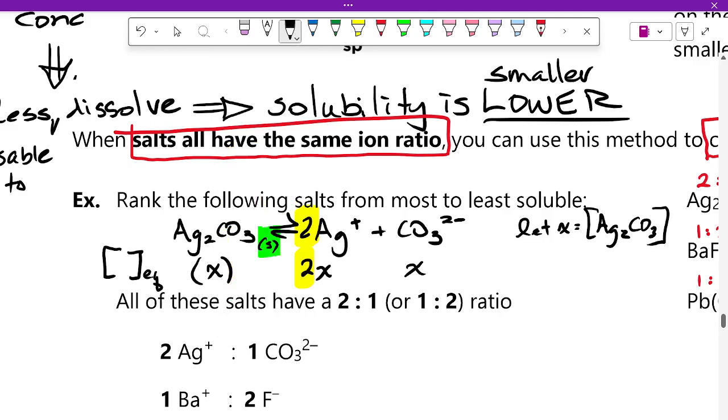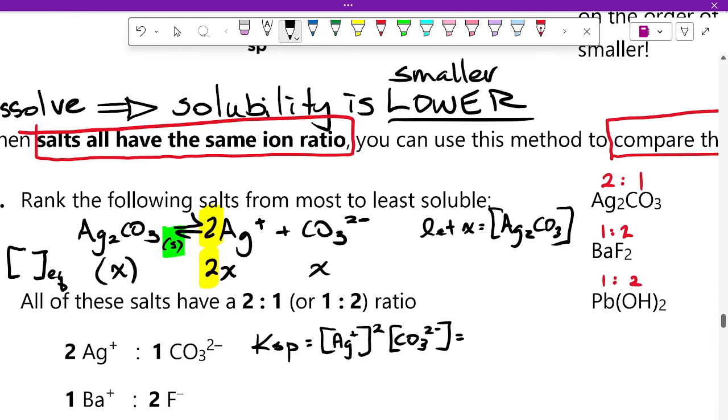X. And so if we write our KSP expression, KSP for this one is concentration of silver squared times concentration of CO3 2 minus.